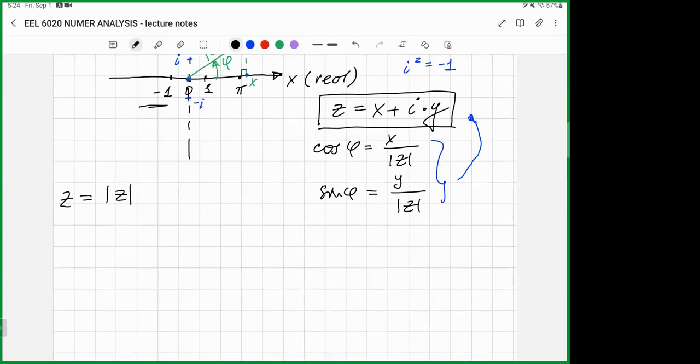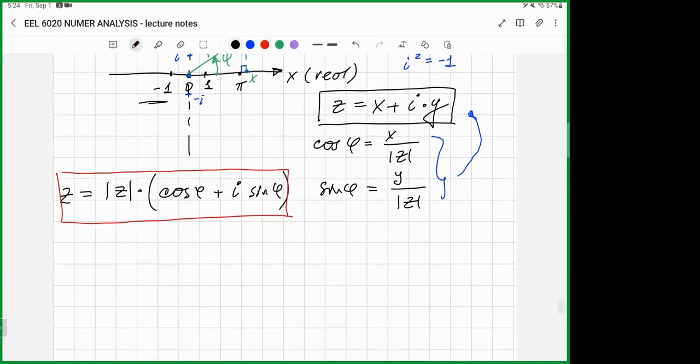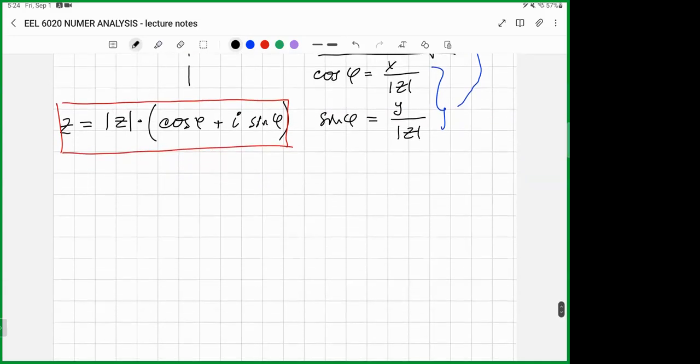Modulus z is common, so we can take it out of the parentheses. And in the parentheses, we get cosine phi plus I sine phi. Let's frame this formula. All right.